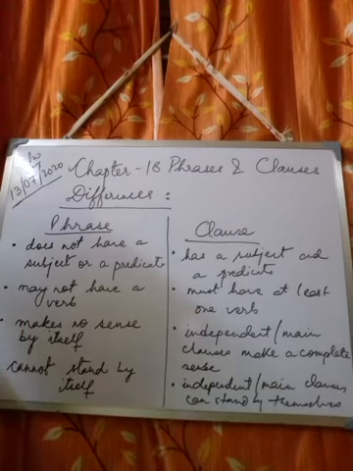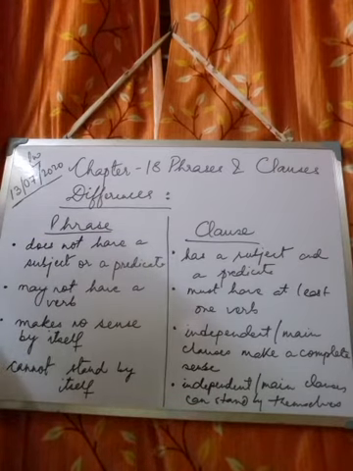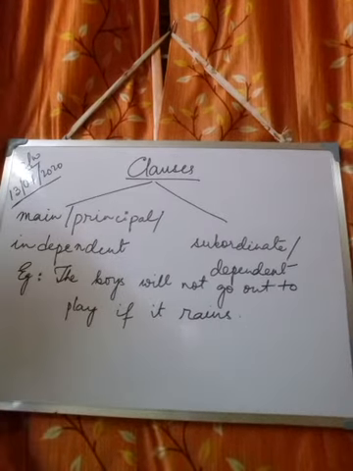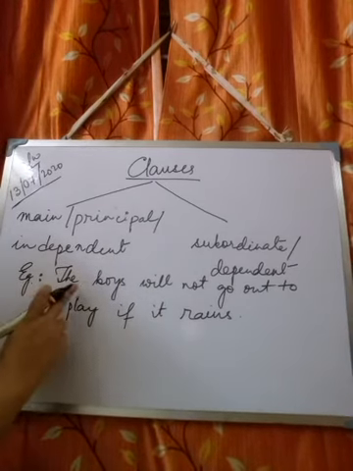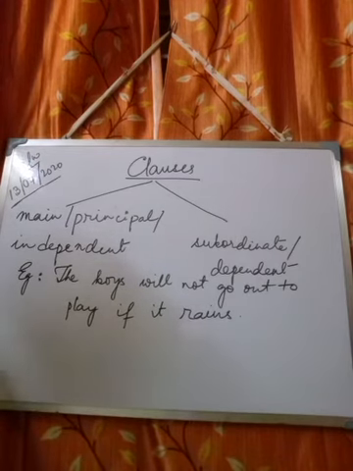Now coming to the different types of clauses. One we have already learned: independent, main or principal clause. Another is the dependent or subordinate clause. Look at this example mentioned here: The boys will not go out to play if it rains.